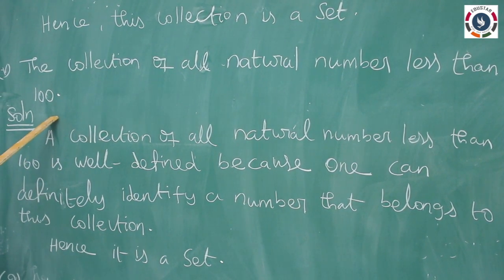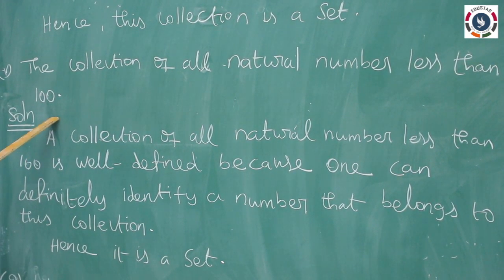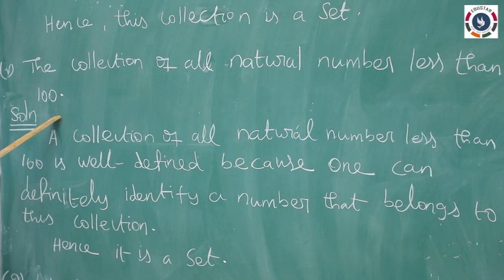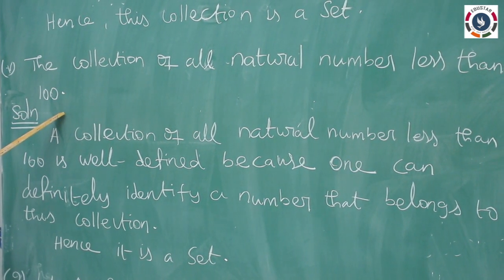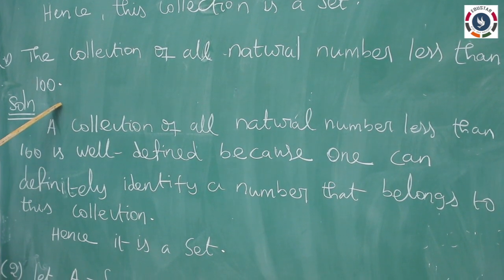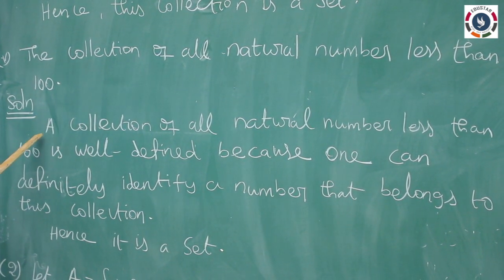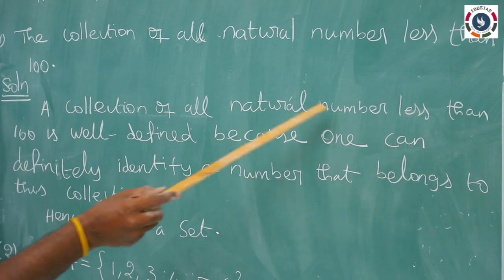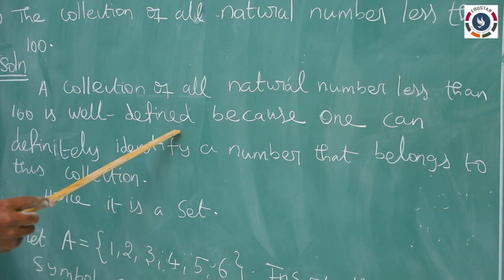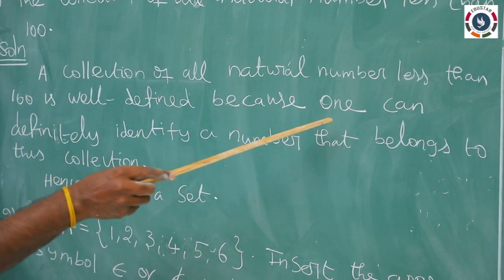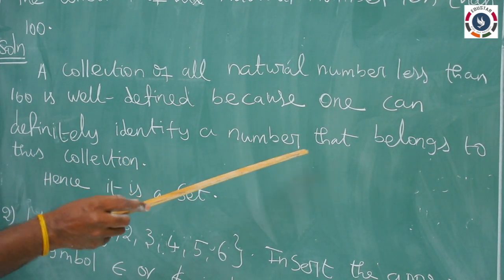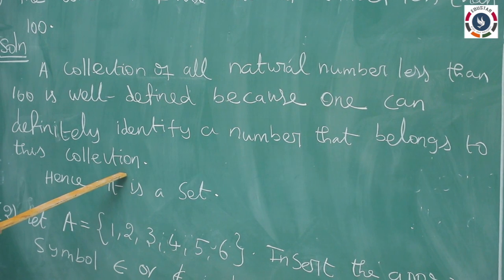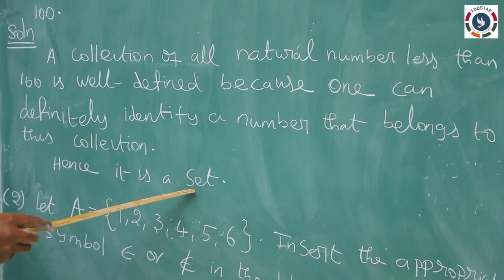It is a set, because the numbers are 1, 2, 3, 4, 5 and so on up to 99. It is well defined, because one can definitely identify a number that belongs to this collection. Hence, it is a set.